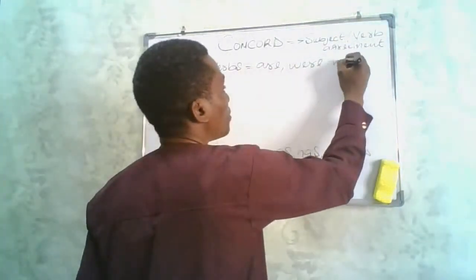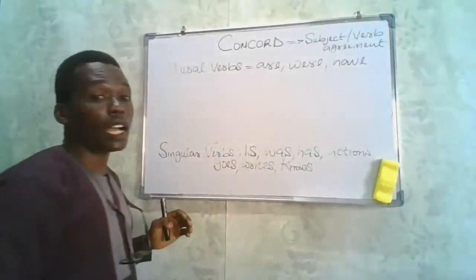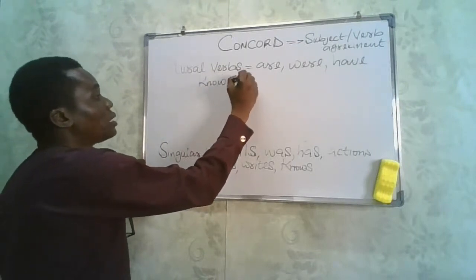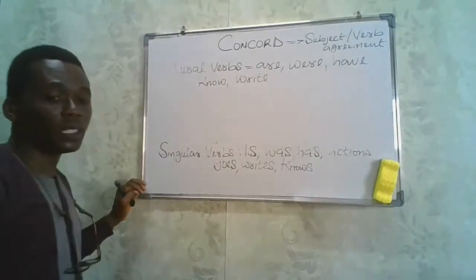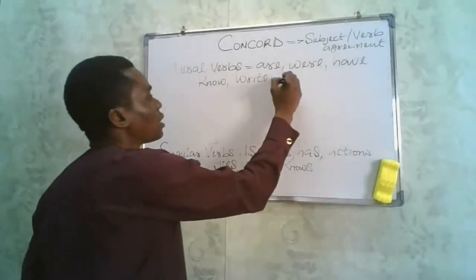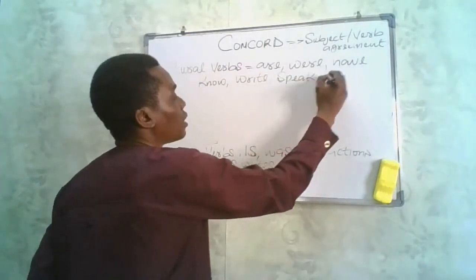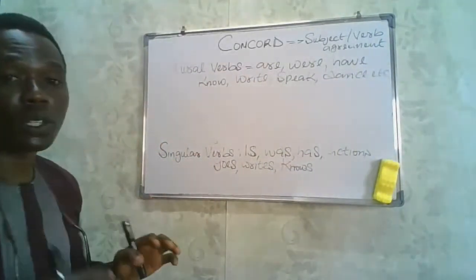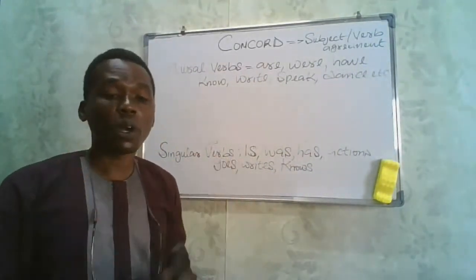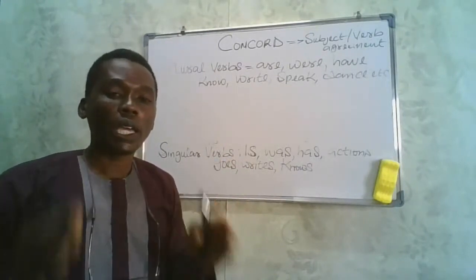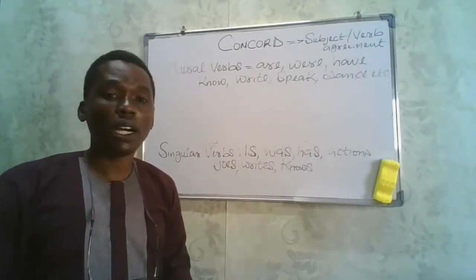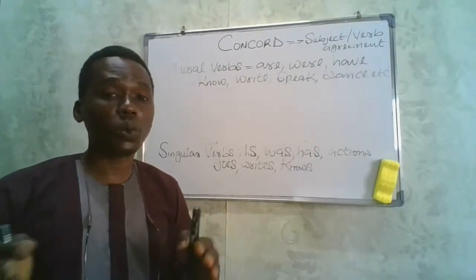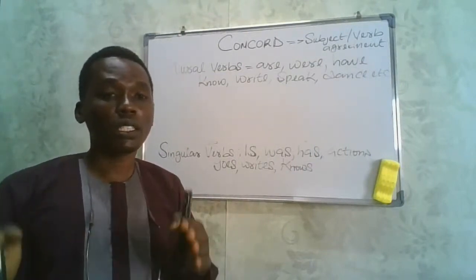Have, and action words like know, write, keep, go, speak, dance, etc. All these are what we call plural verbs. So get to know what singular verbs are and what plural verbs are. That way, you can get to know the relationship between each concord.